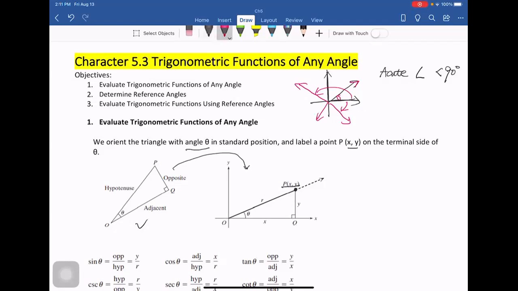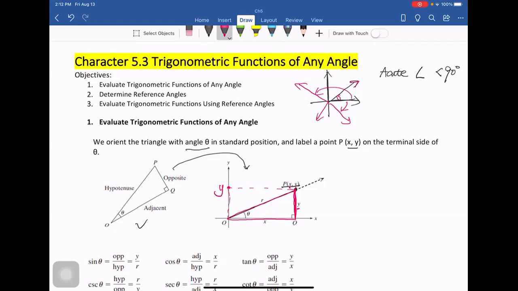So in this triangle, the length of this side is y, because the point here is x, y. You just move this part to here.